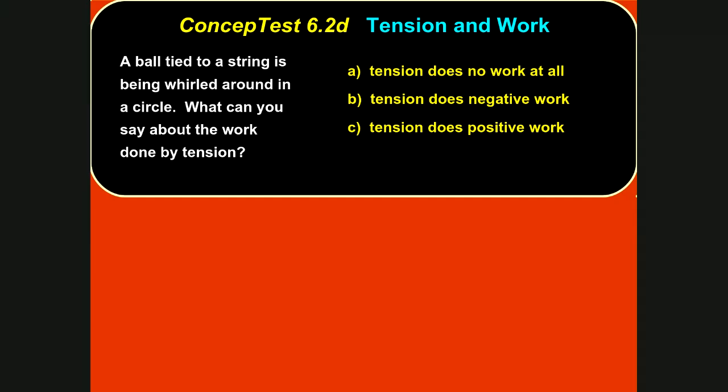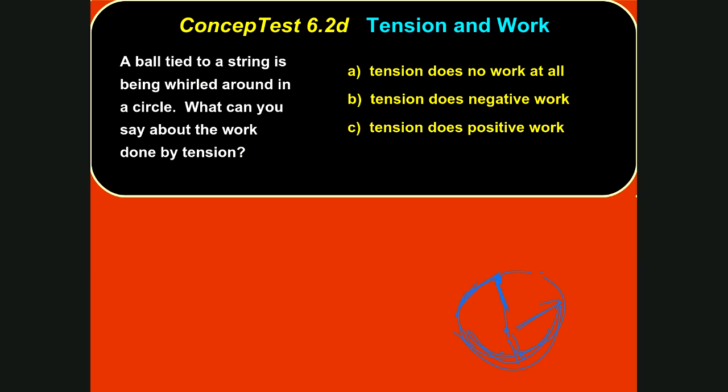So the next multiple choice question is: a ball is tied to a string. So there's a ball which is tied to a string, and it's being whirled around in a circle. So it traces a circle. It's at different points at different times, and it has tension at different points. So it's displacing this way, but the force is this way.